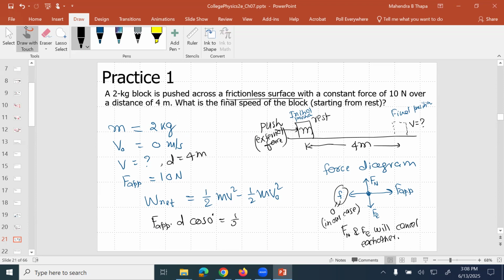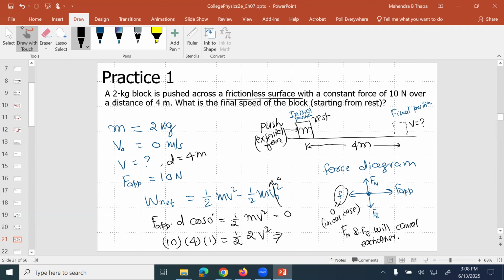So half m v initial squared, because v initial is equal to 0, makes that term 0. We can write F applied is 10, distance is 4, cosine 0 is 1, and that equals half, mass is 2, times v squared.